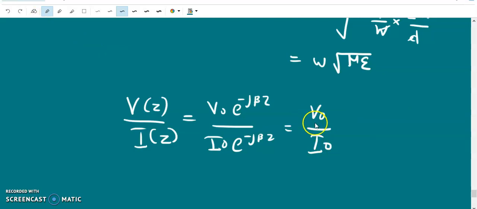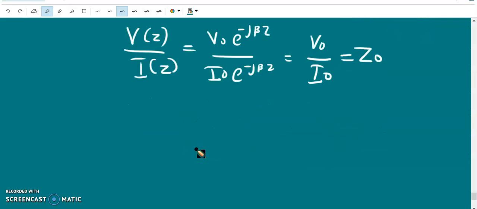The ratio of V to I is called the impedance of the medium, called Z0. And we have to calculate the value of Z0. For that, we have to use any of the transmission line equations, V or I.